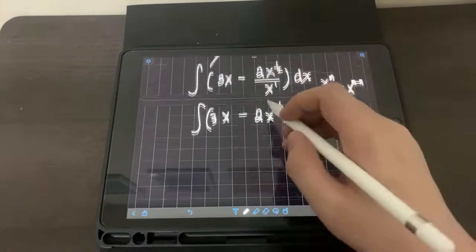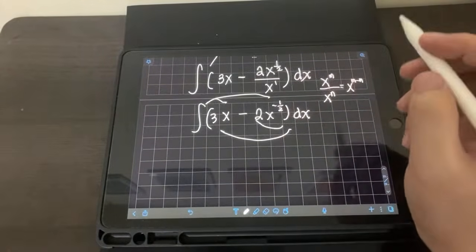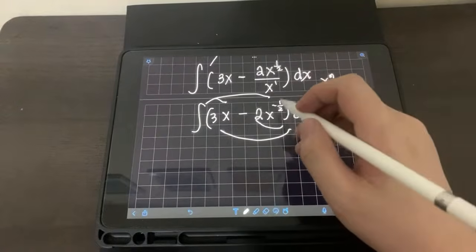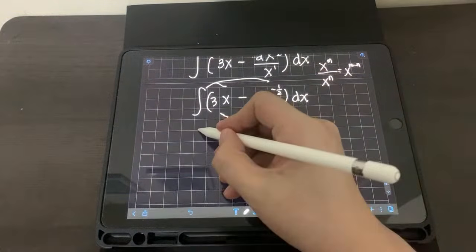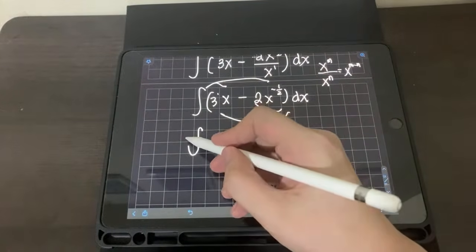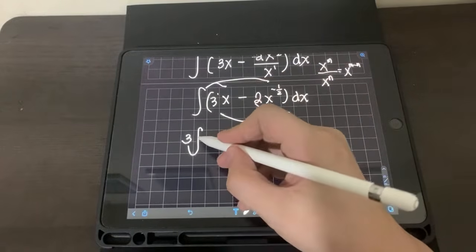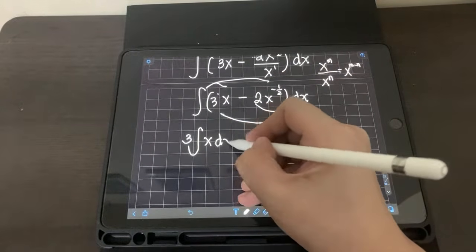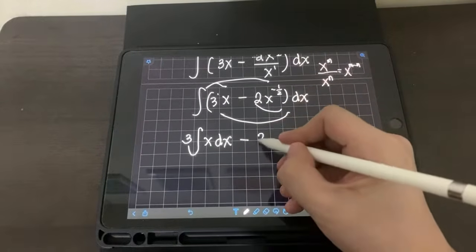And then, you can distribute the integral symbol, okay, together with the dx so that you can integrate term by term. So, you have this constant of 3. Lagay ko lang sa gilid ng integral kasi constant lang naman siya. So, you have 3 integral of x dx minus 2 again is constant.